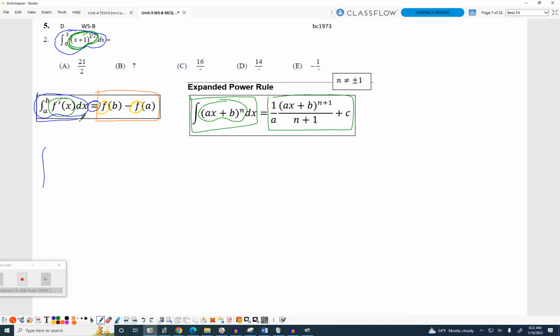We want to accomplish this, we can't, so we're going to do the orange instead. First step is we must find the antiderivative of this little piece here. So that's what we're going to write down. We need the antiderivative, no limits, of x plus 1 to the 1/2. That's what we need to find. Before we can do anything else, we must find that antiderivative.